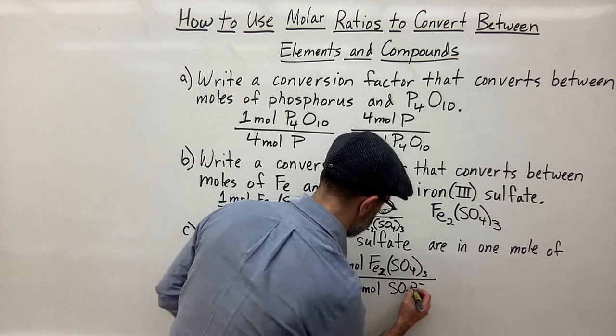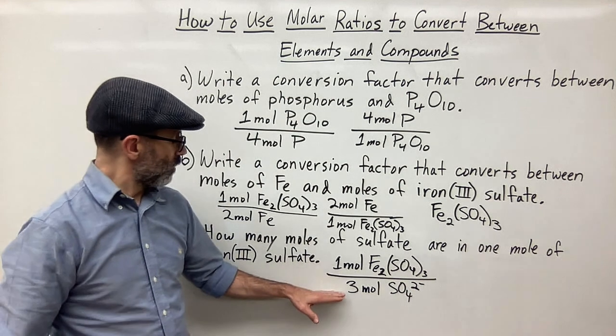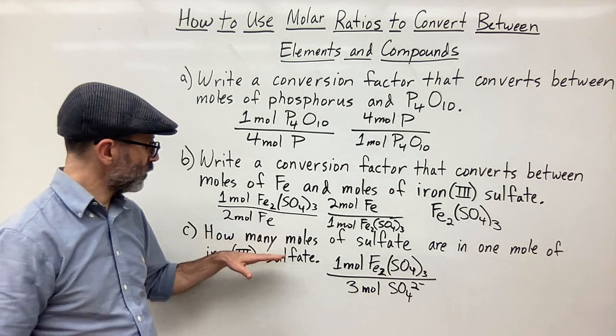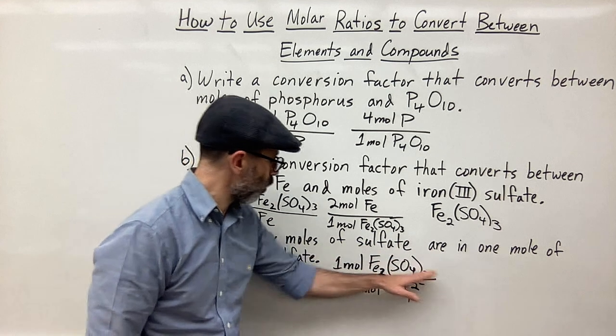And that's a 2 negative. So what's the mole ratio? So for every mole of the formula unit here, we get 3 moles of sulfate.